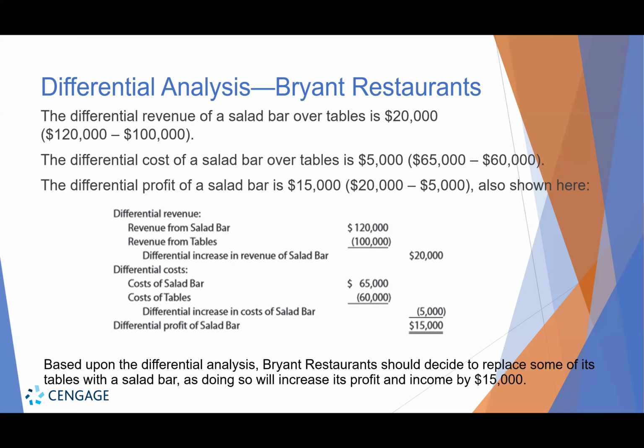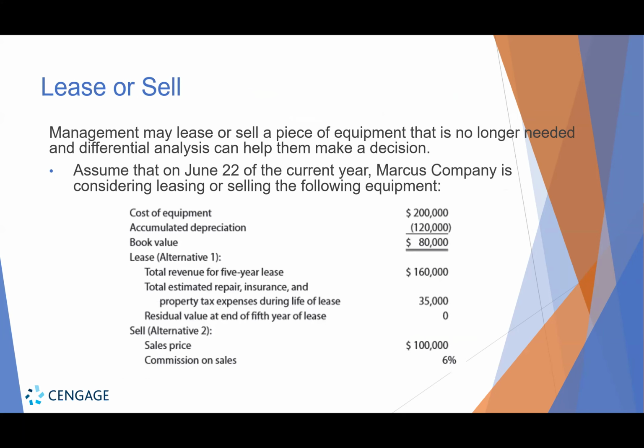You see here, revenue from alternative 2 is 120. Revenue from alternative 1 is 100. So the increase would be 20. The increase in cost would be 5, which makes our profit 15,000. So based on this differential analysis, Bryant should replace some of the tables with the salad bar because it believes as a result the profits are going to go up 15,000.